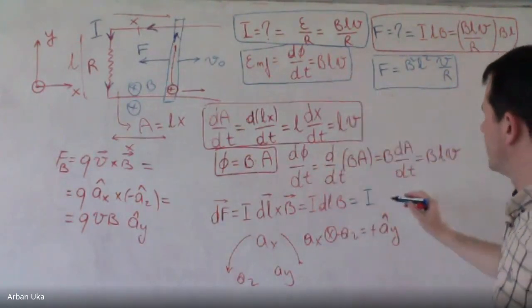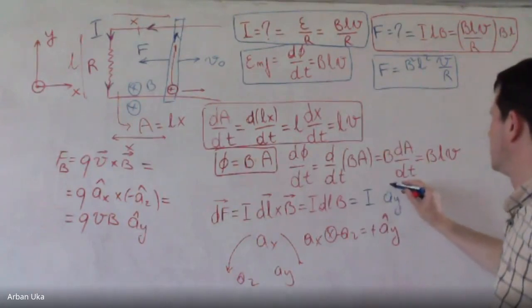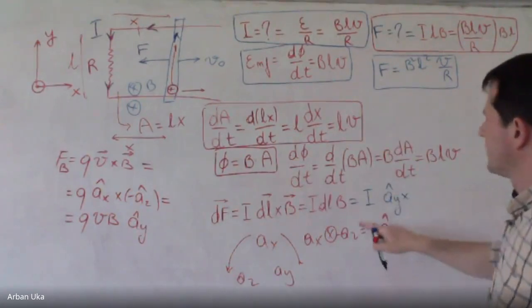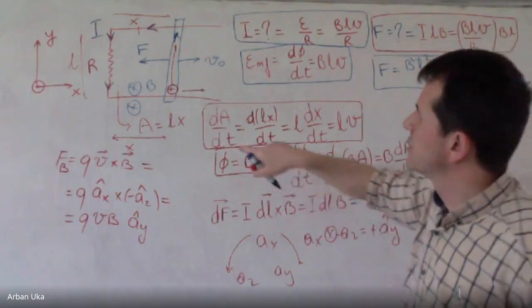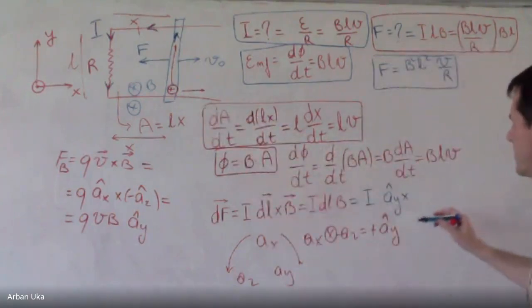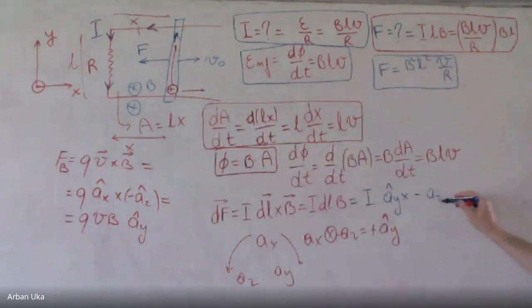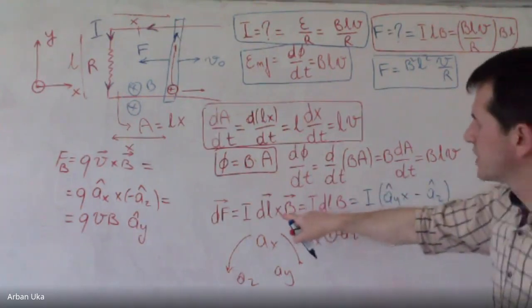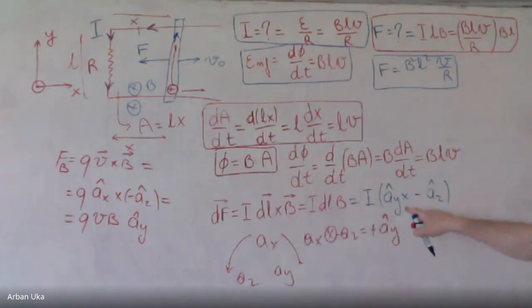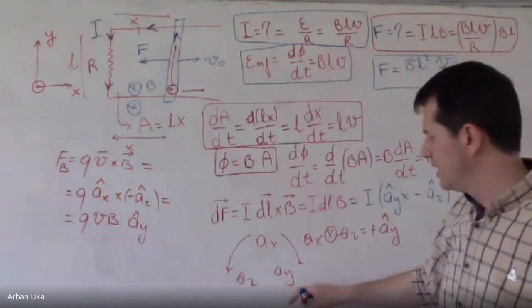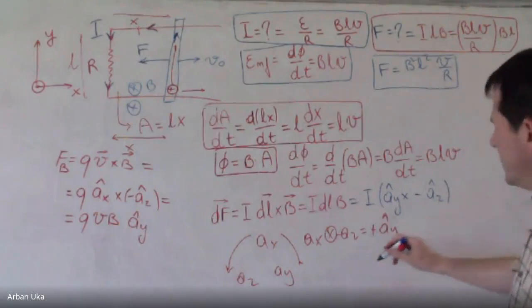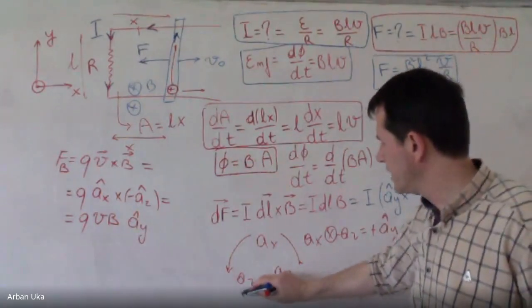dl is AY, cross, what is the magnetic field? It's pointing into the board, is minus AZ, okay? And the force that we're trying to identify is, let's see, AY cross minus AZ. Now, AY, if we move cross AZ, we are moving clockwise.